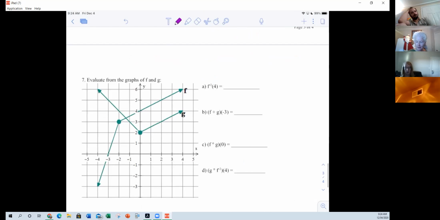Okay, this one, the inverse function of 4. That means you're going to look at the f function and find where the y value is. On the f function, the y value is right here, and the x value would be 0.